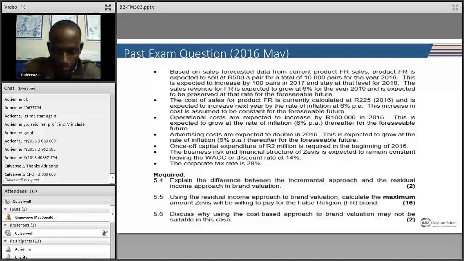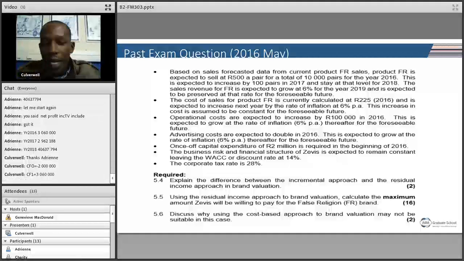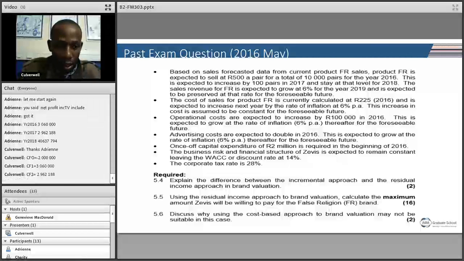Cash flow 1, it is your net profit including terminal value from year 2016 where we started the projection. So my cash flow 1, in your calculator you're going to say 3,060,000, CF1 to say cash flow 1.